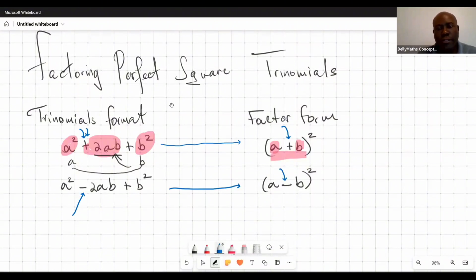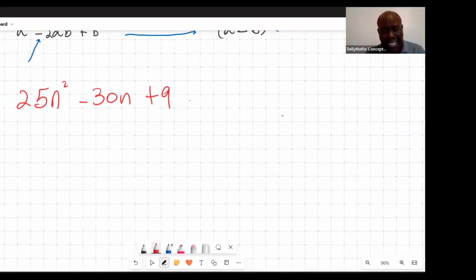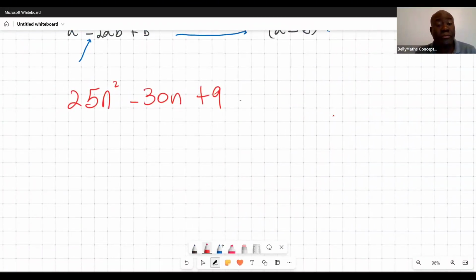Let us look at some of the problems. What we want to do is identify first if this is a perfect square. For example, 9 is a square number. 25 is a square number. n squared is definitely square. So yes, the first and the last terms are square terms.